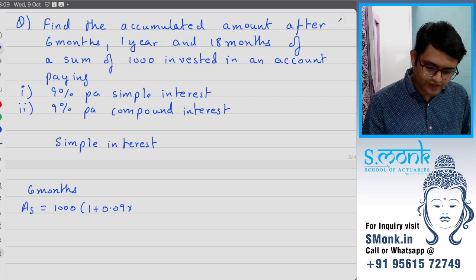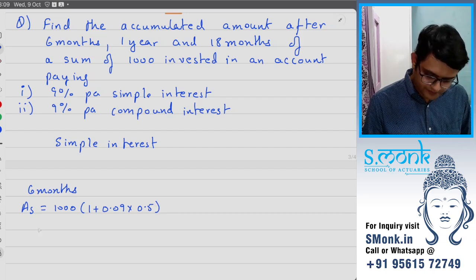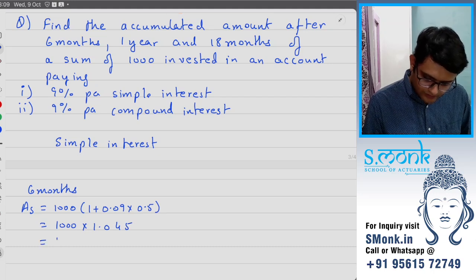So you'll have to convert your time into years as well. That would be 0.5. So this is 45, so 0.045. Sir, 1045. Yes, so 1.045 and that would be 1045.